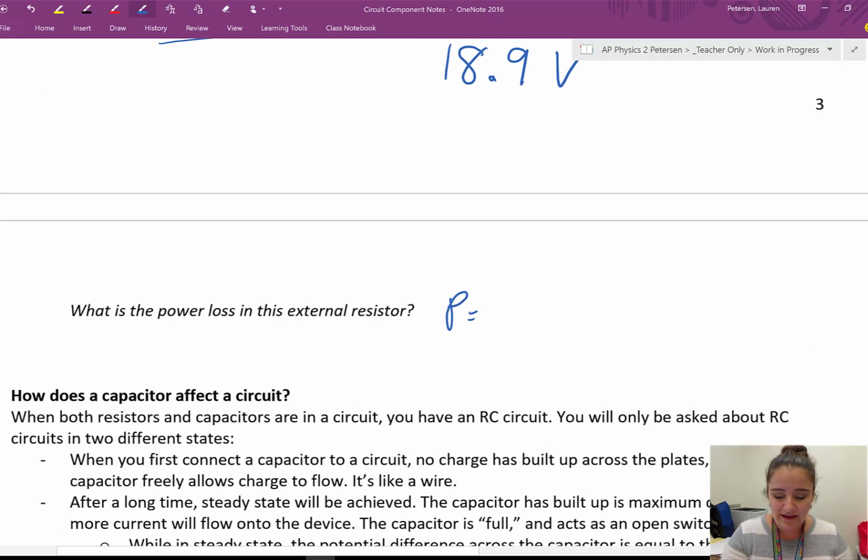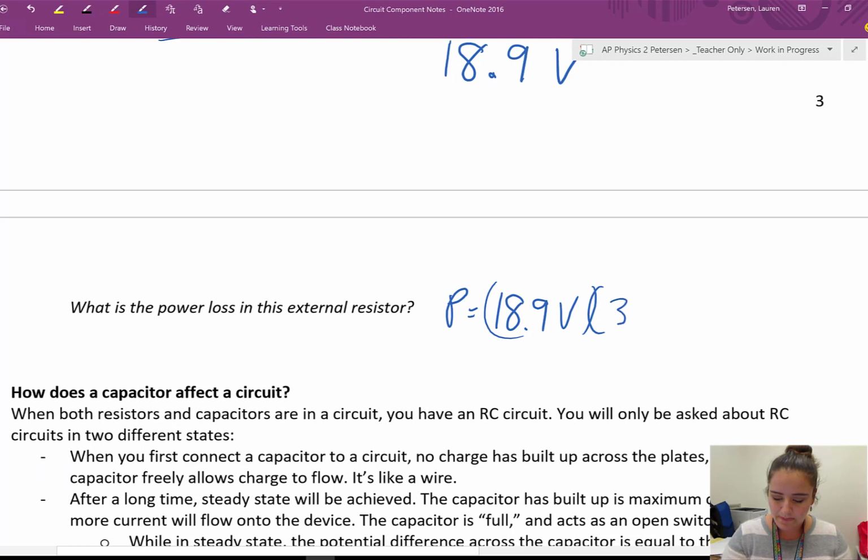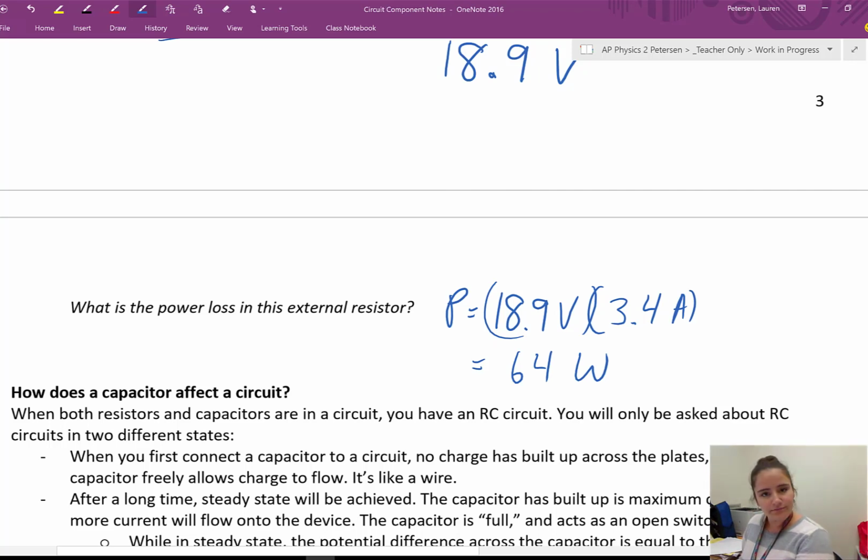It's going to get the 18.9 volts times the current in that circuit, which was 3.4 amps. When you plug that into your calculator, you get 64 watts.